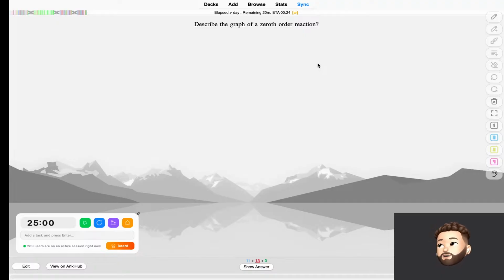The reaction rate is independent of the concentration of the reactants. It's decreasing, pretty much proportional to time.